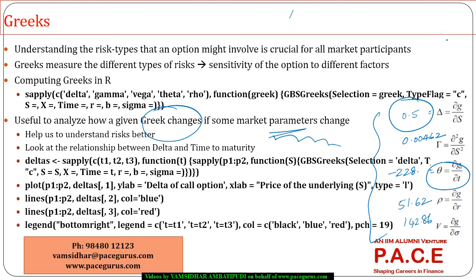I want to find out how the delta keeps changing, for different stock prices, with time.